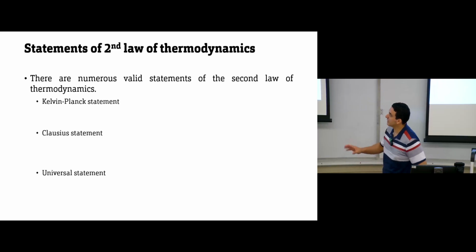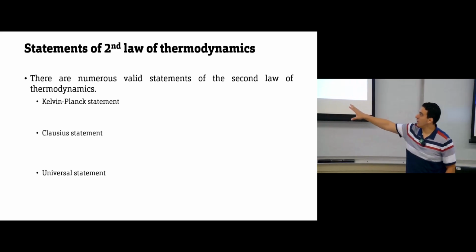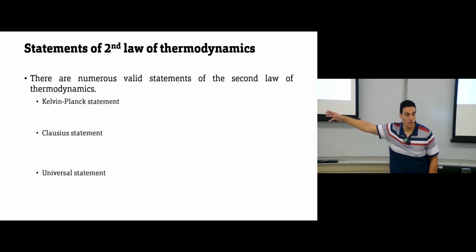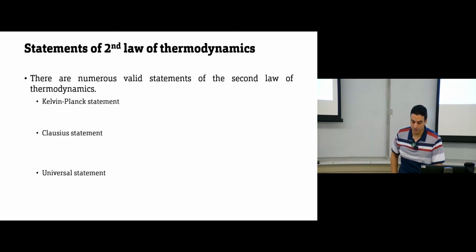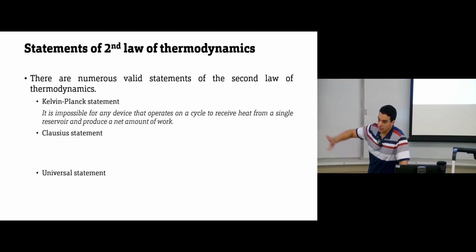We have the Kelvin-Planck statement, the Clausius statement, and recently the universal statement, which we are using right now. The Kelvin-Planck statement, according to their experiments, says it's impossible for any device that operates in a cycle. Do you remember the cycle? The initial and final conditions are the same or different?